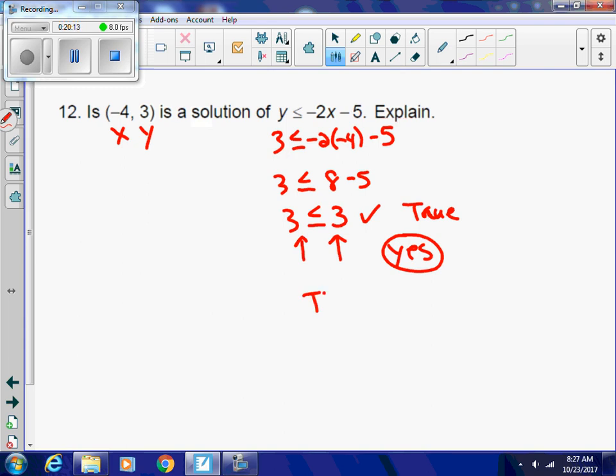The point satisfies, I called it an equation, but it's an inequality. If the point satisfies your equation, or in this case, inequality, then it is a solution.